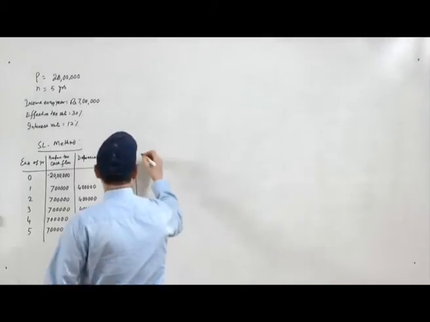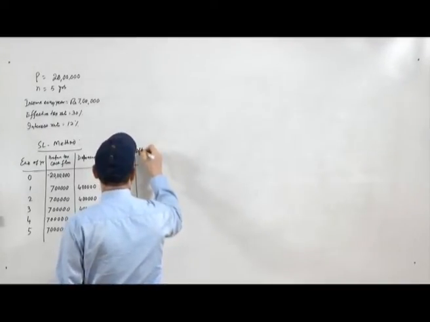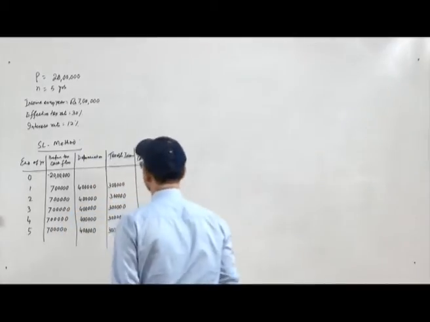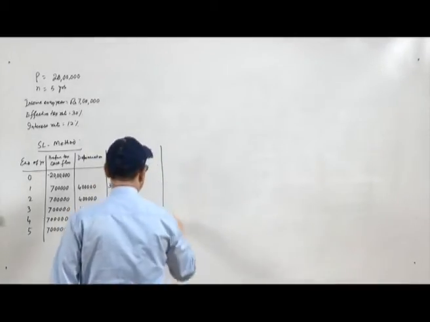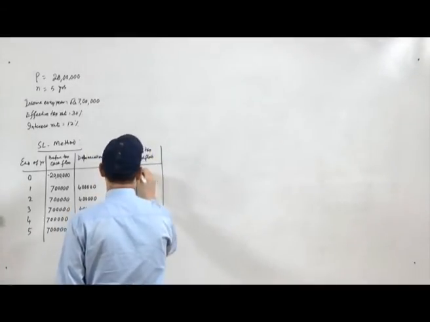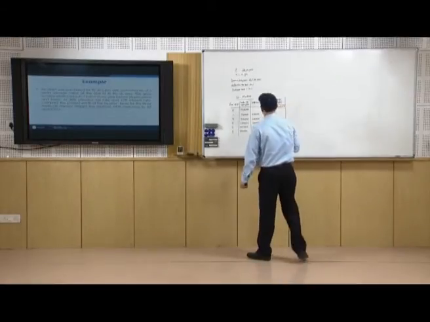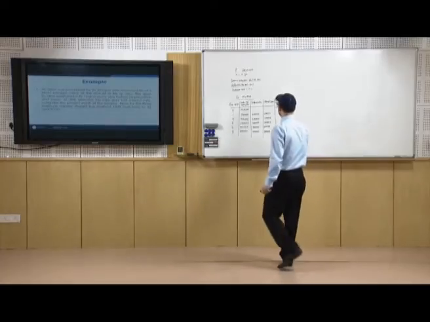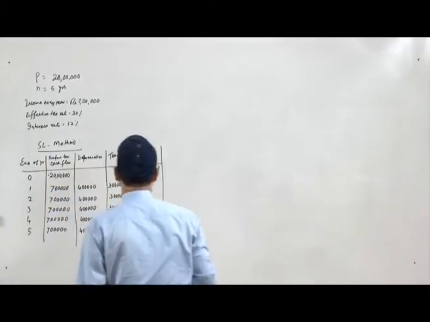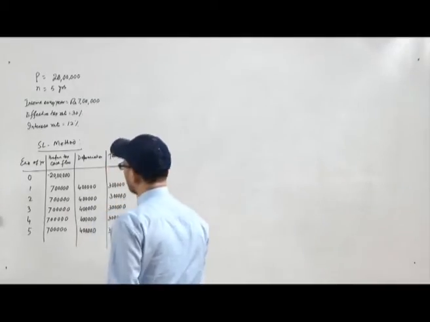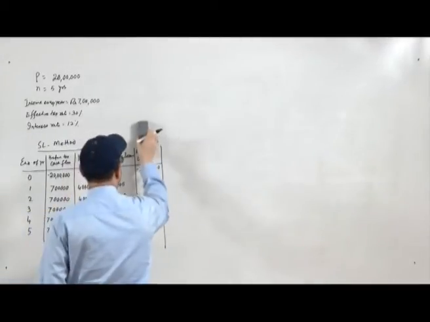Then we can calculate the after tax cash flows. In the after tax cash flows you will have 20 lakhs in the beginning, which is a minus value, but before that we have to compute the tax.